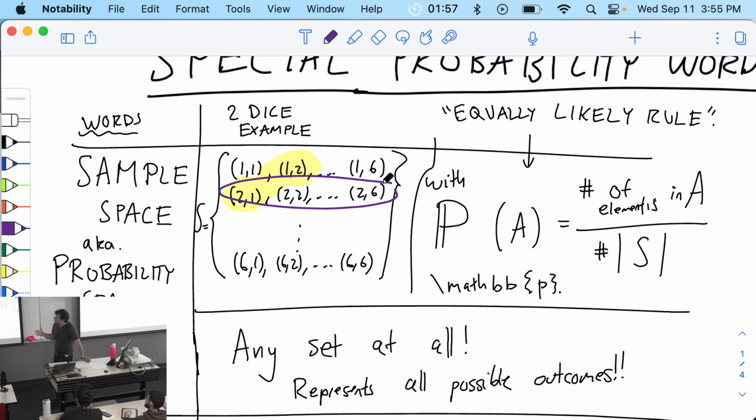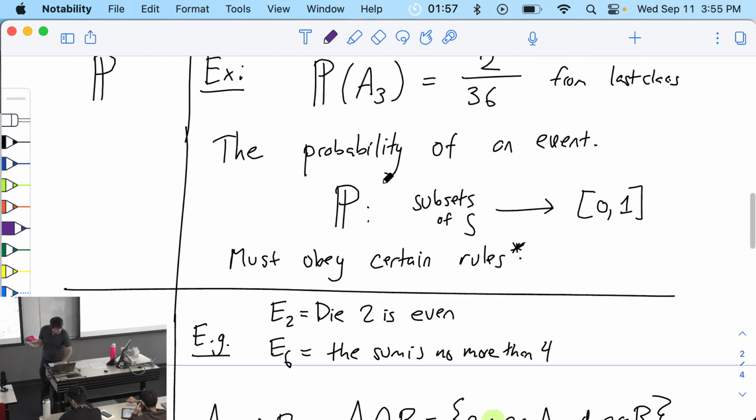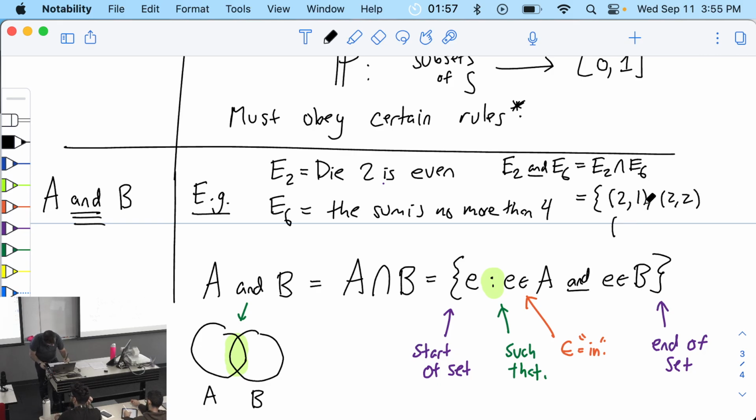And E6, the sum is no more than 4, is like a little triangle in the corner over here. If you take their intersection, it needs to be both that the first dice is even and that the sum is no more than 4. So the event E2 and E6, which it would be more proper to do with an intersection like this. The first dice has to be even, so it could be 2, 1, 2, 2, and I think that's it. So this was an example that got done right at the end of last class.